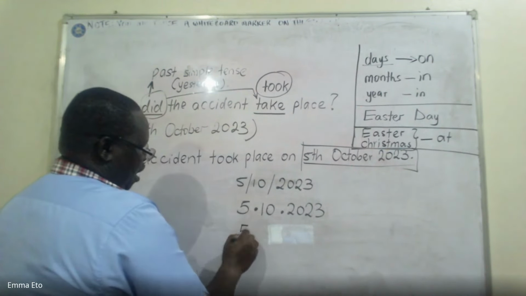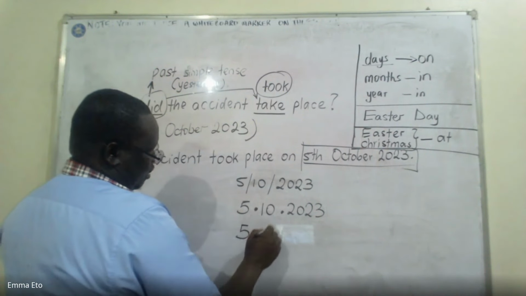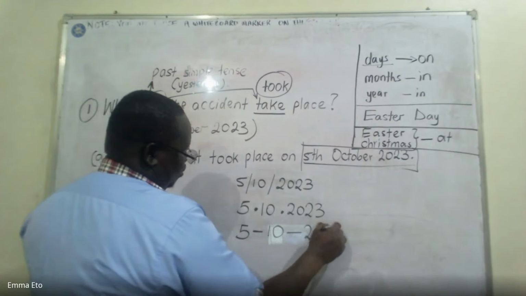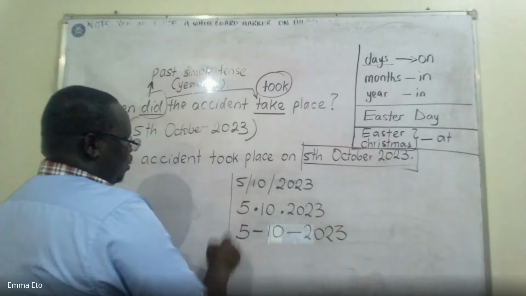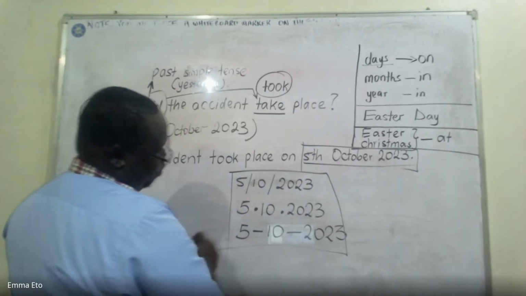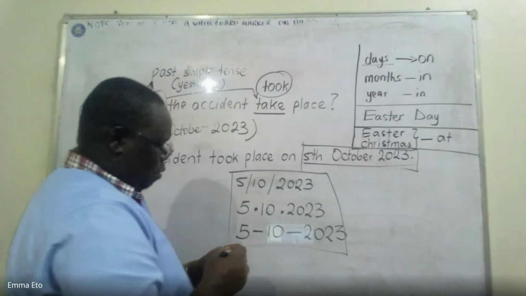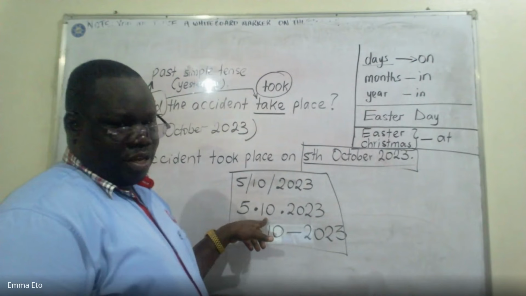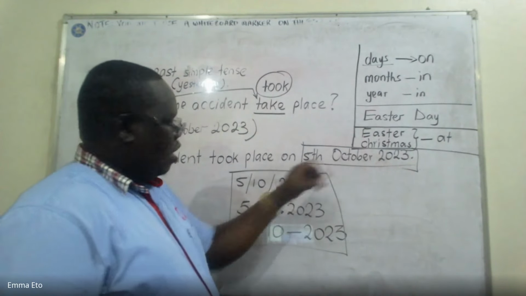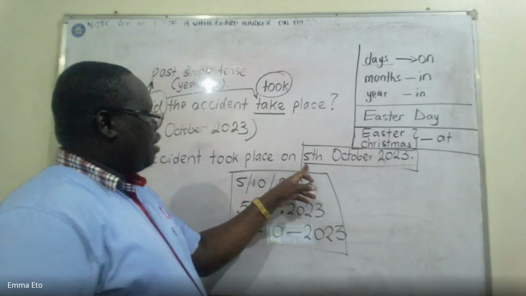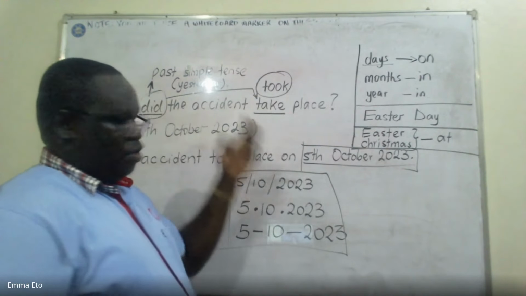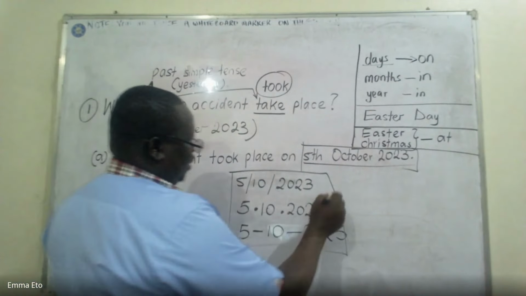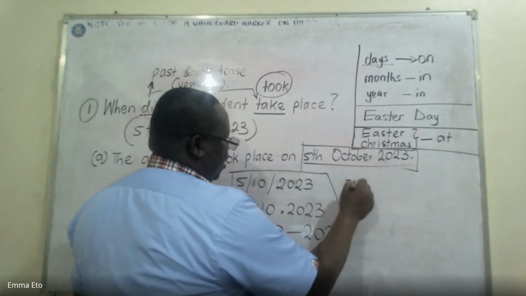Or you can have 5, then a hyphen, 10 hyphen 2023. These are considered the shorter forms. Now, the full form means you will stretch and write the month in words. And for the given figure that represents the date, of course, we put the TH if it so deserves it. If it is 3, we put the RD.